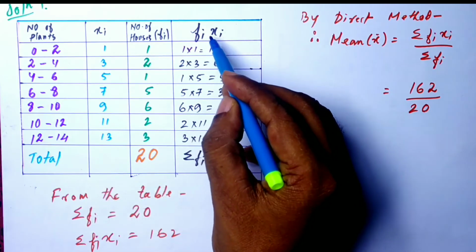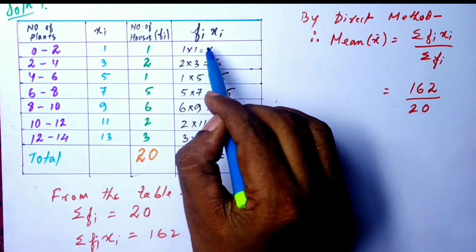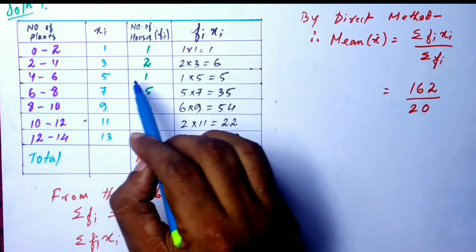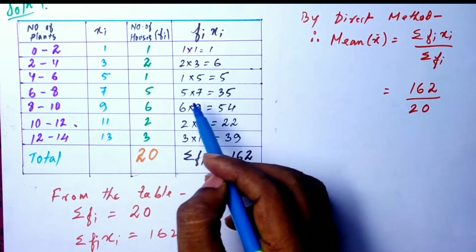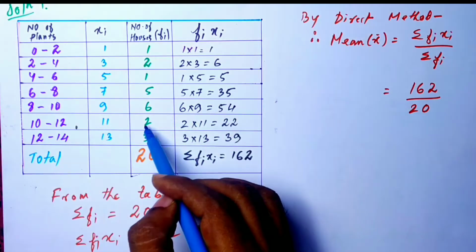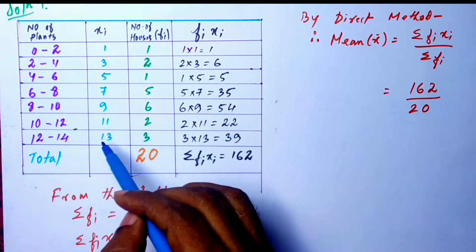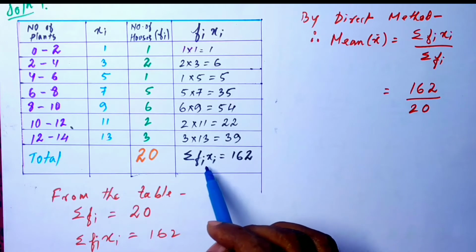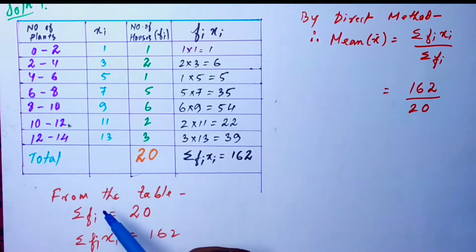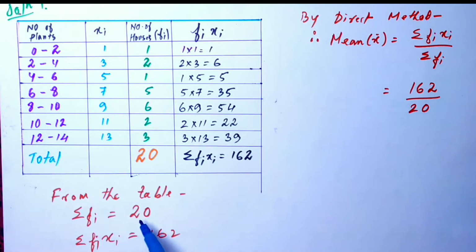And we found fi xi, which is 1 into 1 is 1, 2 into 3 is 6, 1 into 5 is 5, 5 into 7 is 35, 6 into 9 is 54, 2 into 11 is 22, 3 into 13 is 39, where summation fi xi is 162. From the table we have summation fi equal to 20, summation fi xi equal to 162.